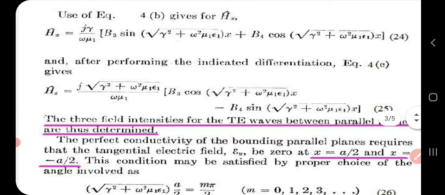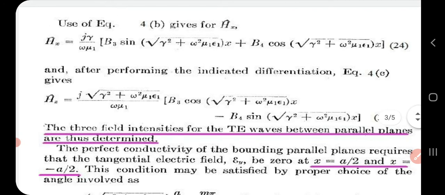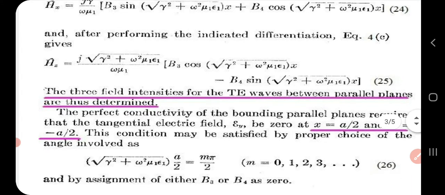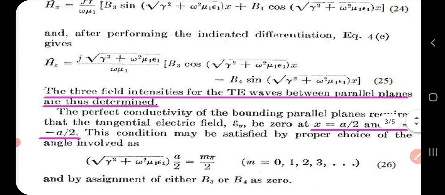Thus the three field intensities for TE waves between parallel planes are determined. So if you want, you can skip equation number 25. You can write up to equation 24, and then write the sentence that the three field intensities for TE waves between parallel planes are determined.